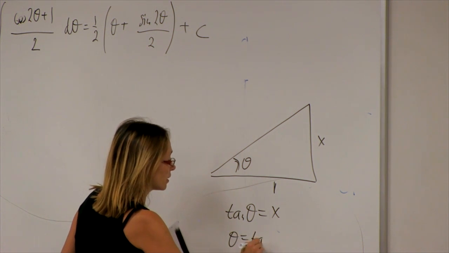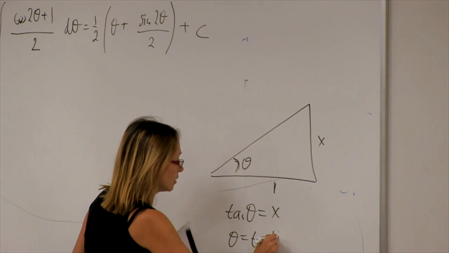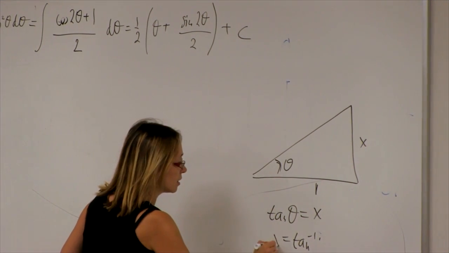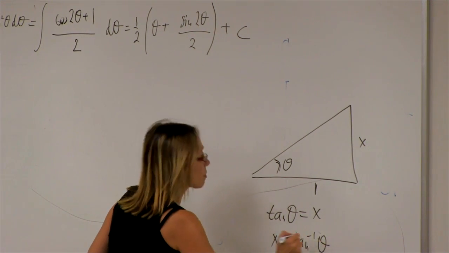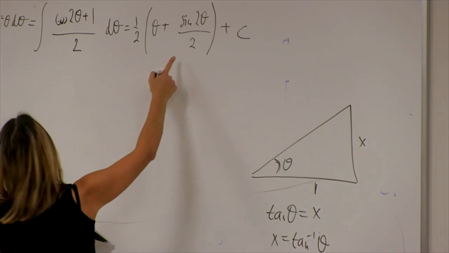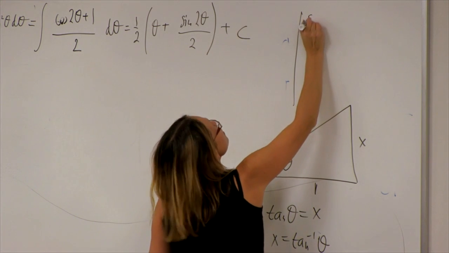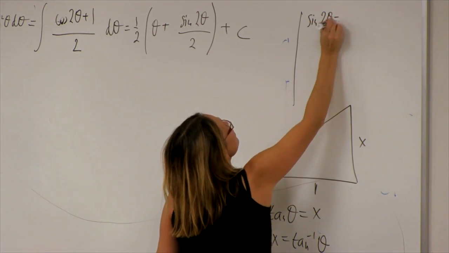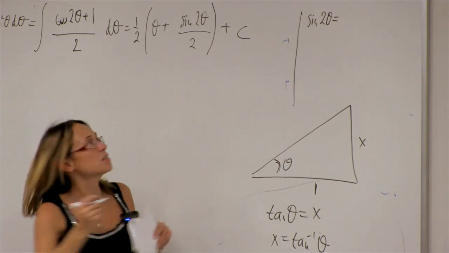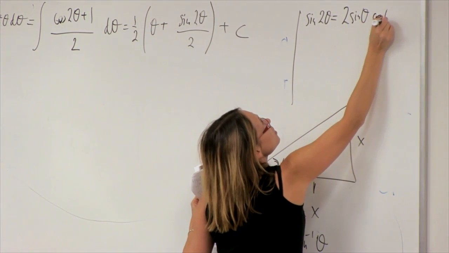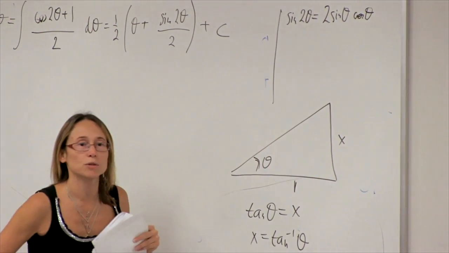Theta is arctangent of x. And what do I need? Here I write sine 2 theta. How do I evaluate that? I remember that this is equal to 2 sine theta cos theta. So I need both sine and cosine of theta.